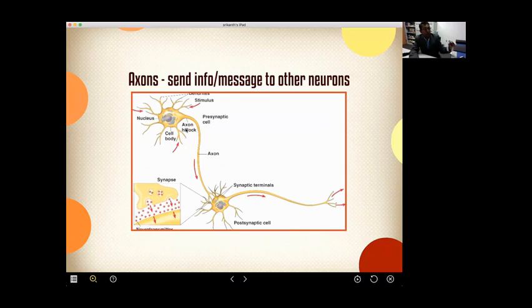In fact, they send information to other neurons. So as you can see, the dendrites of this neuron 1 bring information to the cell body called soma. The axon, on the other hand, you see the direction, takes information away from this first neuron and brings it to the next neuron.